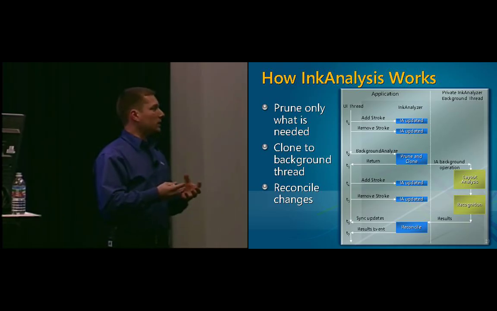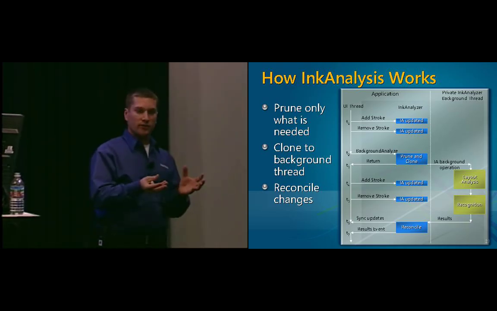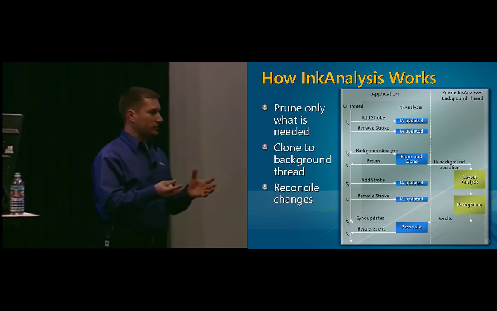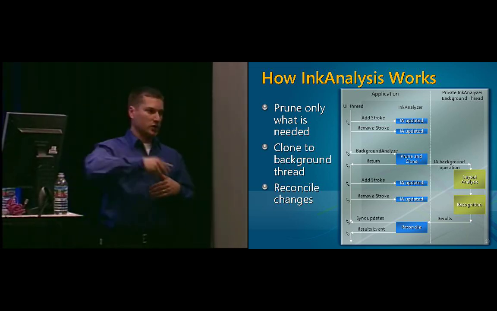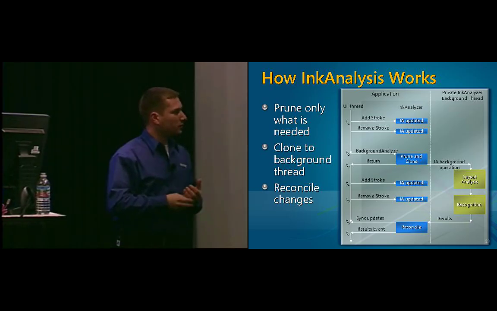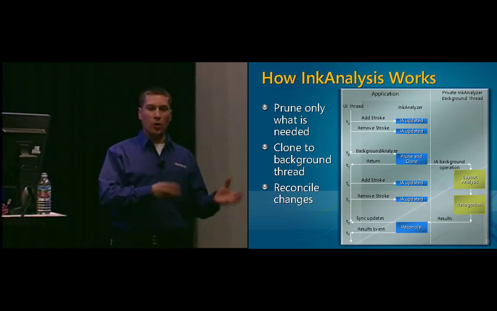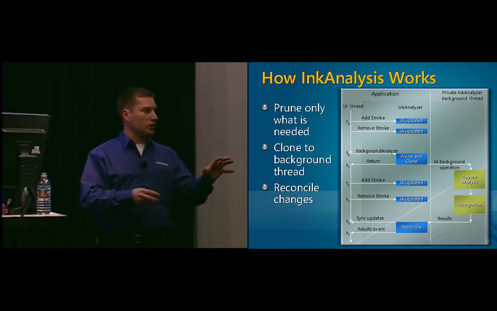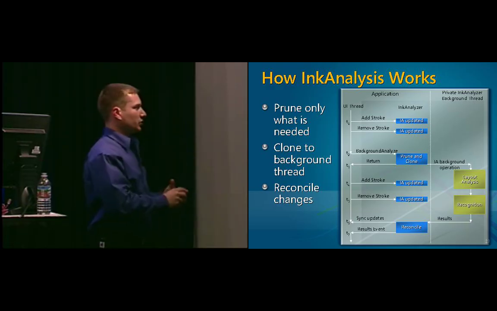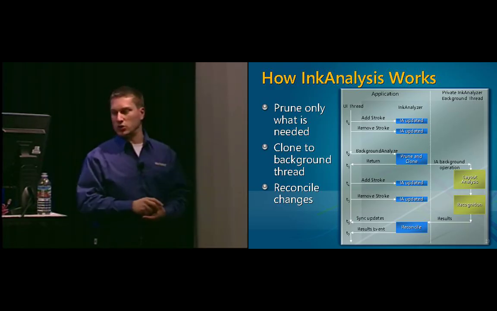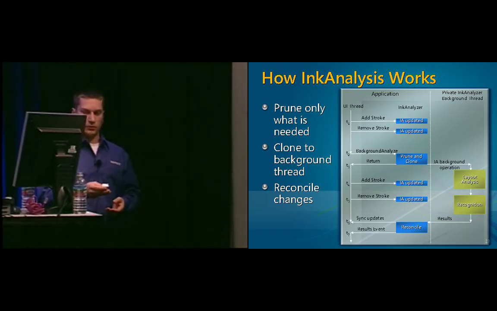That might mean we pull in an entire paragraph of ink, or an entire page of information. If you had a multi-page document, we more than likely won't pull in multiple pages. Or it might mean we don't pull anything else in. If you've got one little isolated stroke at the bottom of your page and a whole bunch of stuff at the top, we'd only pull that one isolated stroke in. We're going to go off and do that in the background operation.